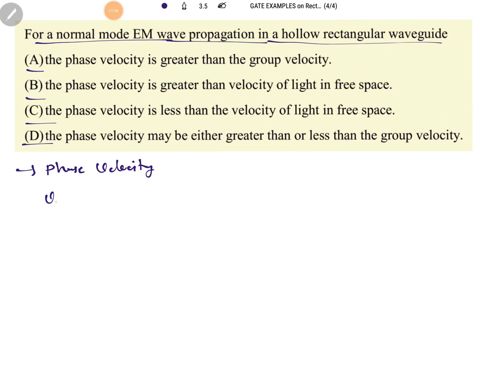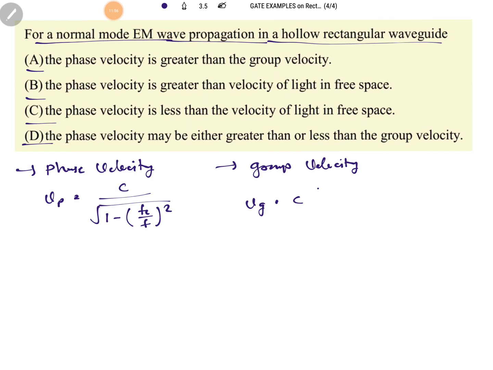Now see, when you want to calculate phase velocity, Vp is c divided by square root of 1 minus fc by f whole square. And if you want to calculate group velocity, then group velocity is c into square root of 1 minus fc by f whole square.